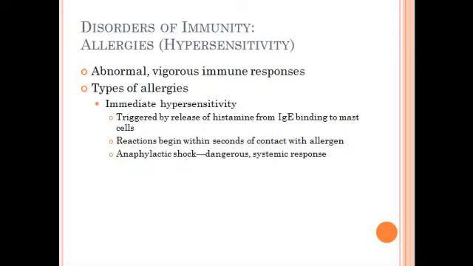We also have the problem of allergies, which we talked a little bit about, but I want to mention anaphylactic shock as well. And this is an immune response. This is when you're coming in contact with some sort of antigen and you're having a hypersensitive reaction to that. And this is triggered by the release of histamine, which you've seen before in this class, by IgE, which are types of antibodies. These are antibodies related to allergies.